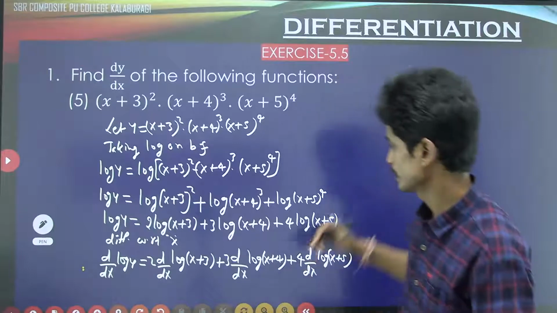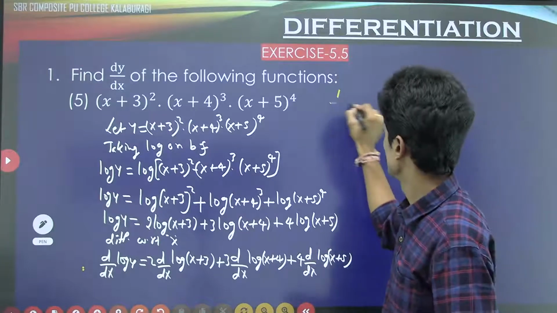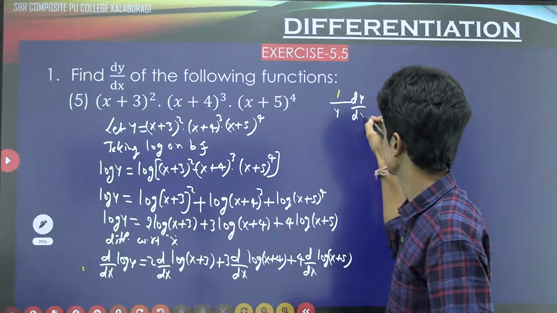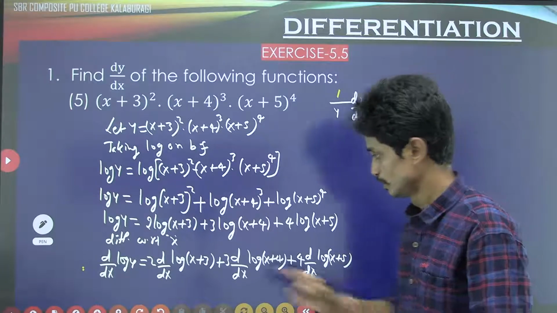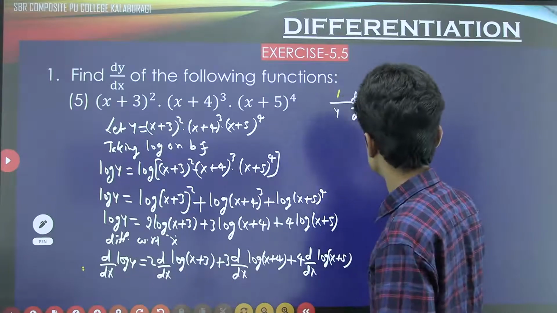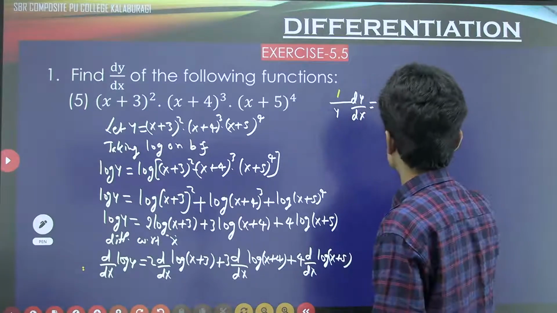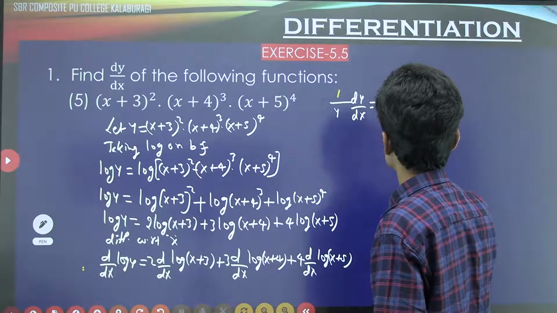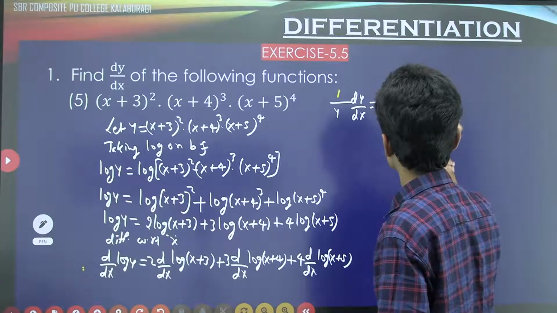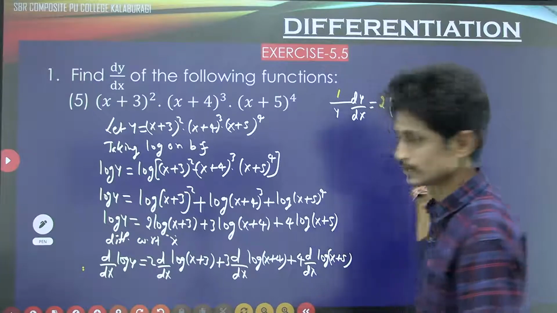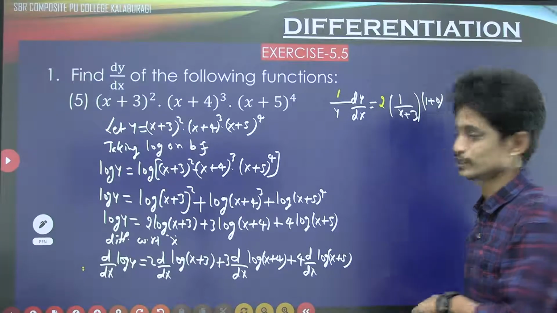That is d by dx of log y is 1 divided by y with dy by dx equal to 2, keep as it is. What is the derivative of log of x plus 3? 1 divided by x plus 3 into the derivative of x which is 1, constant derivative is 0. Roughly I have shown the same thing I have written here.